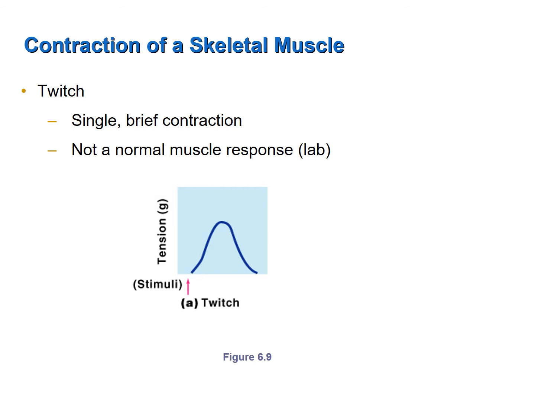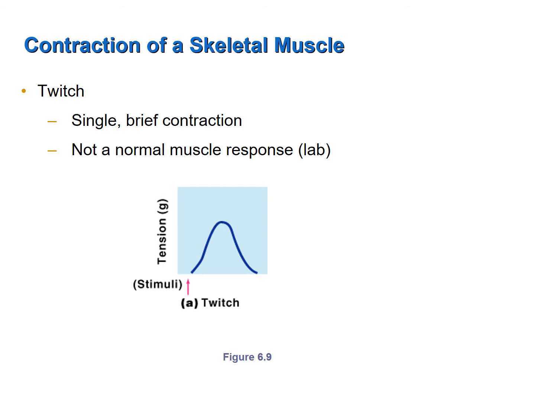This generates tension. However, recall that calcium does not remain in the cytoplasm very long. It's immediately taken back up by the sarcoplasmic reticulum. When that occurs, the tension begins to drop, eventually back down to zero.